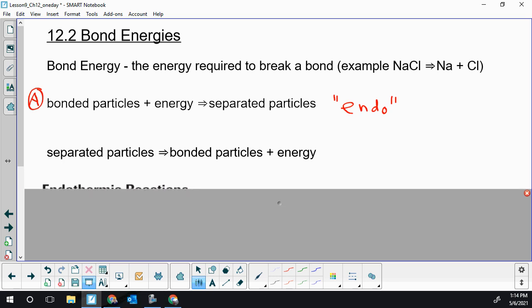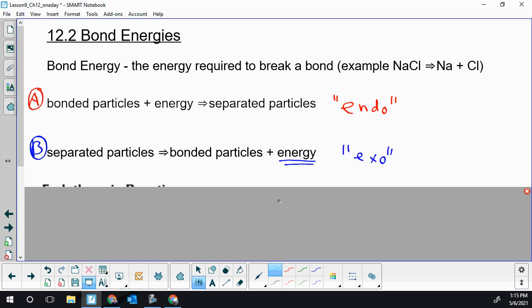That part is very logical, particularly thinking of the magnet analogy. What's a little harder to realize, but is always true, is that when you have separated particles or separated atoms and they form new bonds, you always get a release of energy. So it will always be a product term, and this is going to be our exothermic part, or our releasing of energy part of our chemical potential energy diagram.